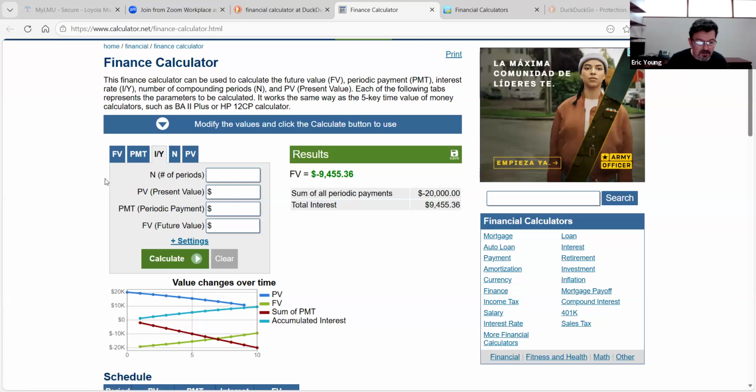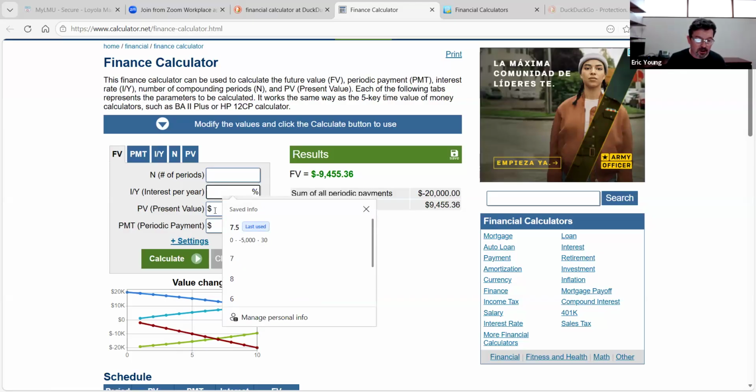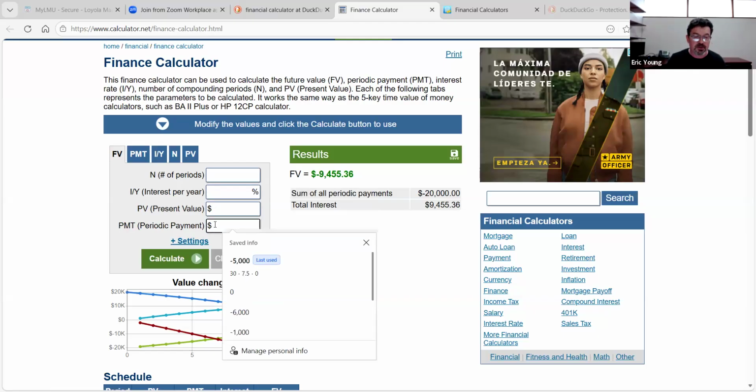So in this problem, the one we're solving for is future value. Notice that when I click, future value goes gray. The other 4 variables that we were given are blue. And notice furthermore that there are blank spaces here for all those variables.